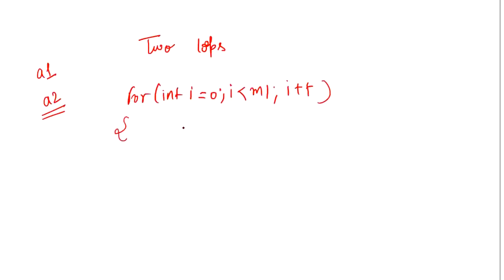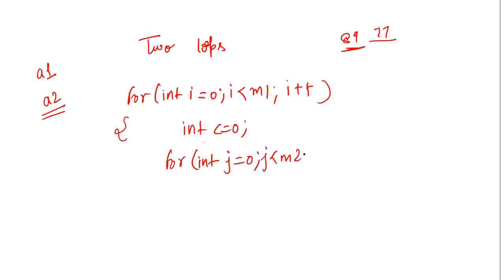Next, we will take a variable count, c, basically to count the number of elements. I am initializing it here because after each element, for example, after we counted for 89, then for another element, 77, we want count to be 0 again. So that's why I am taking c equal to 0 inside the loop. Now the inner loop will run as j equal to 0, j less than m2, where m2 is the size of array 2, j plus plus.